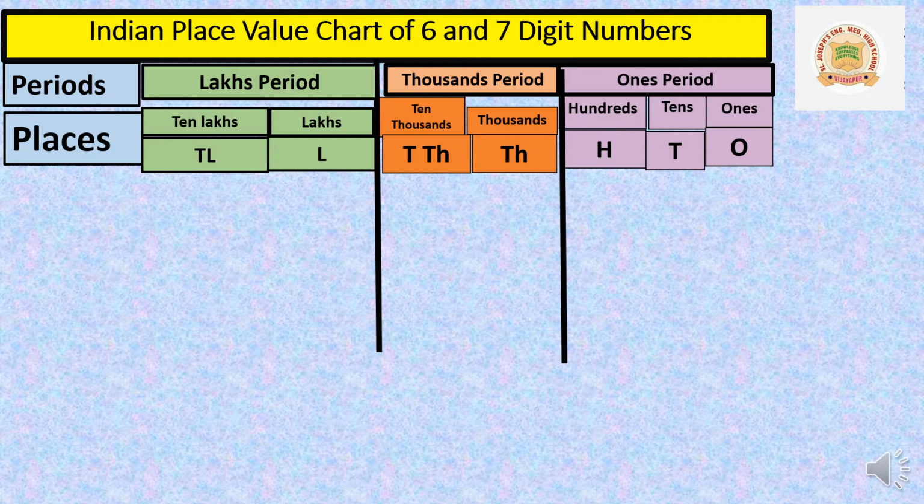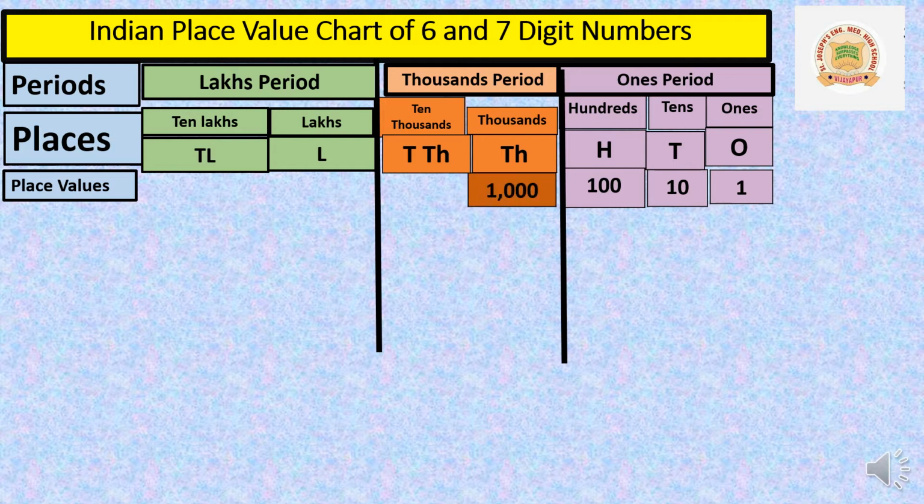So children, ones is called single digit number, unit number or 1. Tens is called 2-digit number, 10. Hundreds is called 3-digit number. Thousands is called 4-digit number. 10,000s is called 5-digit number. Lakhs is called 6-digit number. And 10 lakhs is called 7-digit number.